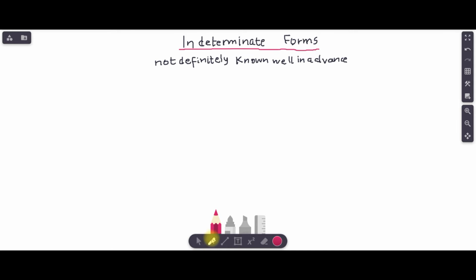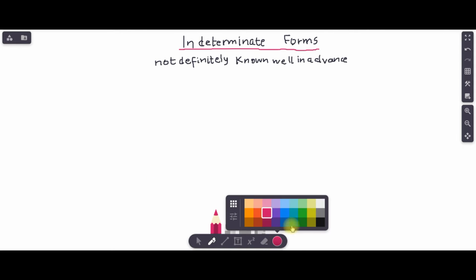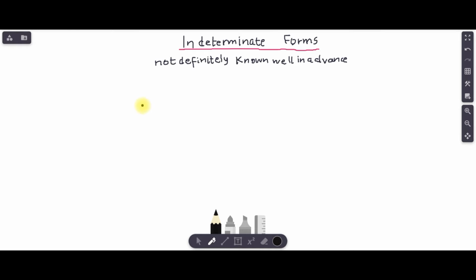So now let us take an example where, if you look at it, without solving it will be difficult to tell what the answer will be.